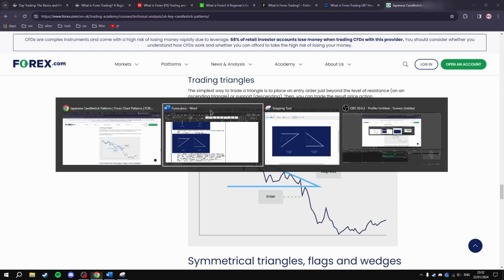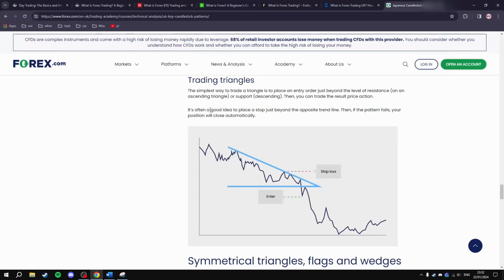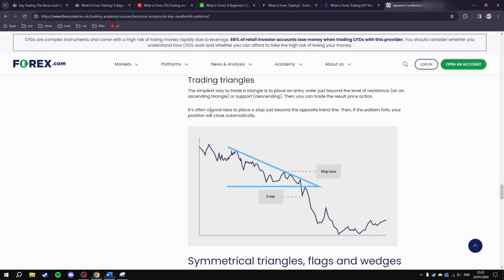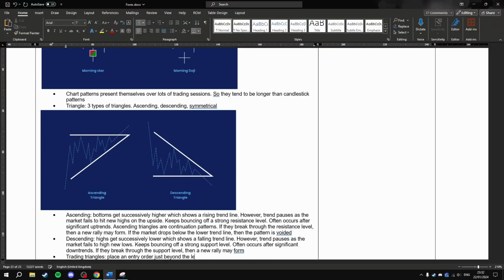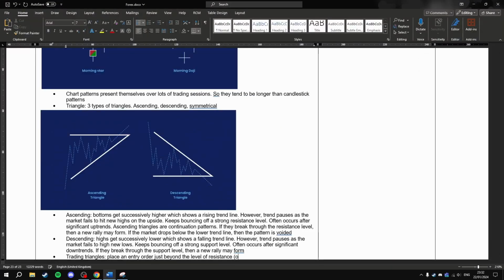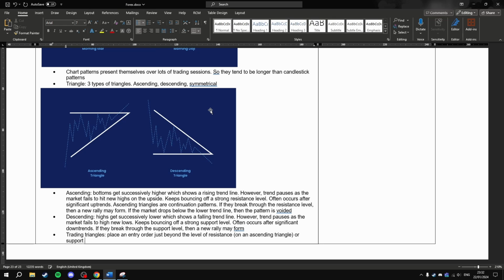The simplest way to trade a triangle is to place an entry order just beyond the level of resistance on an ascending triangle or support on a descending triangle.